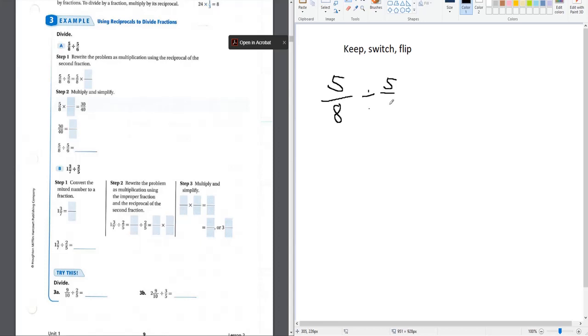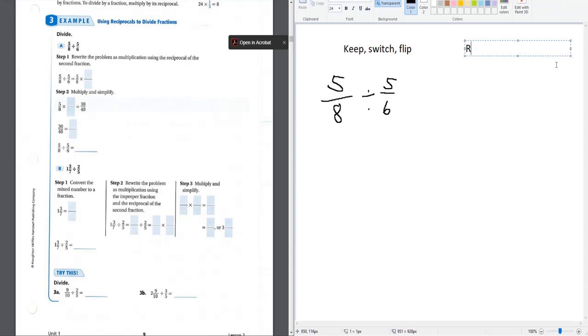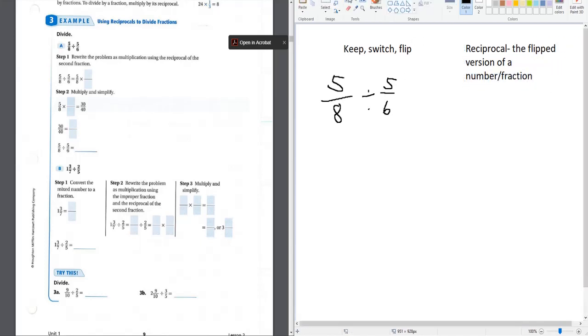So let's write that out. And one of the things that you need to remember as a vocabulary is something called reciprocal. So remember that reciprocal is the flipped version of a number or fraction. So for example, if I had 2 over 3, the reciprocal of that is 3 over 2. Now, what happens if you have a whole number?